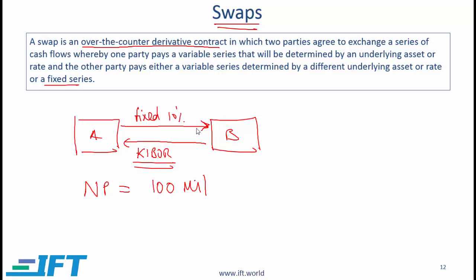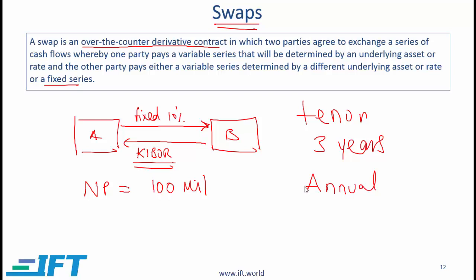Obviously, in this particular swap, we also need to specify when payments must be made and how long the swap is in effect for. The total duration of the swap is called the tenor. This might be 3 years. Both parties might agree that payments are made every year. Then we would say that the payment is annual.